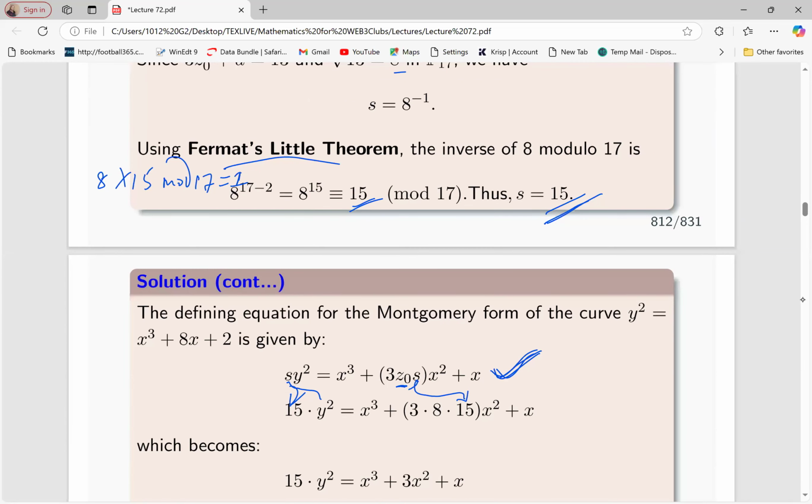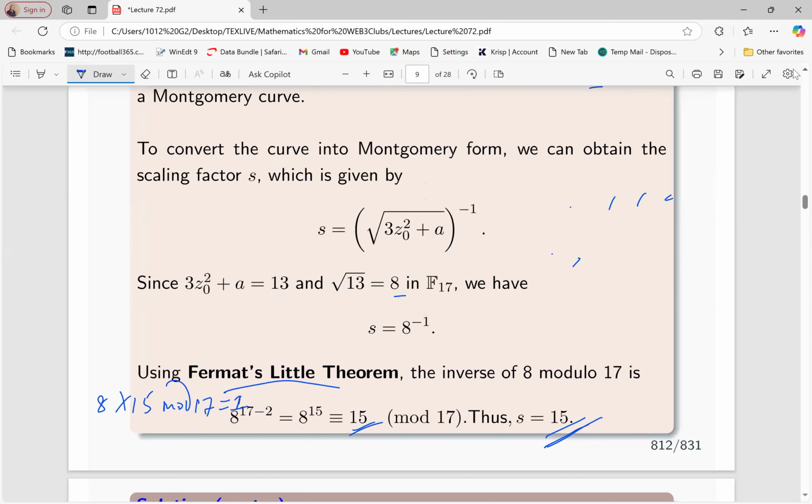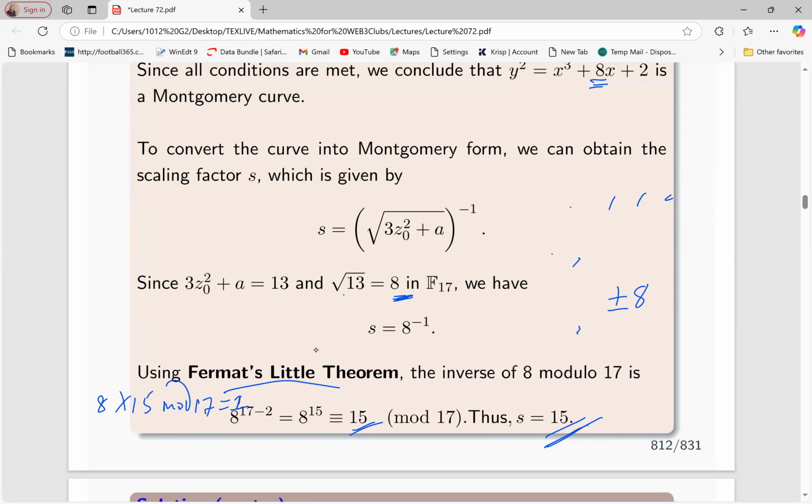But there's one thing you must know while you're getting the square root. The square root of 13 is not only 8. It's supposed to be plus or minus 8. We have picked the positive part.